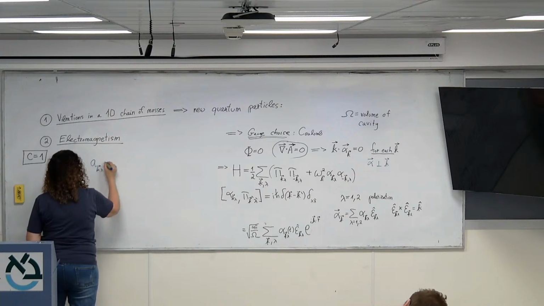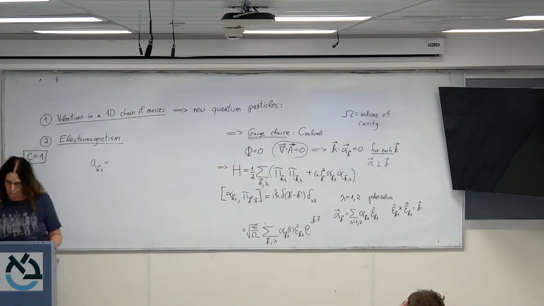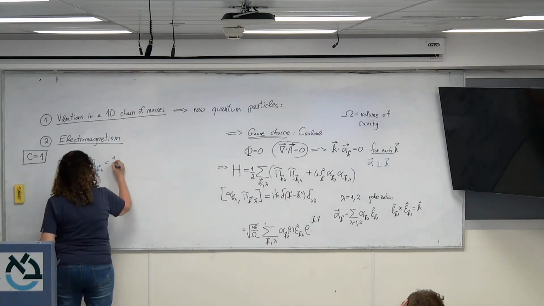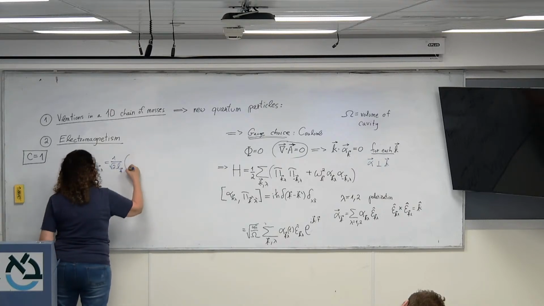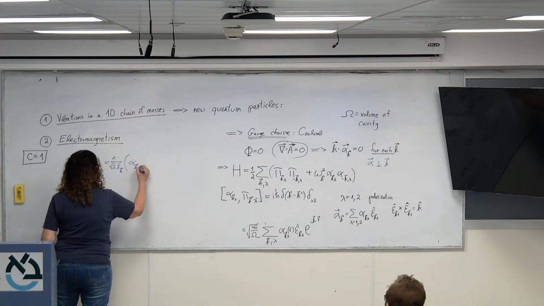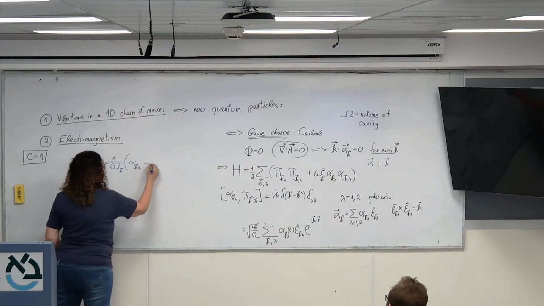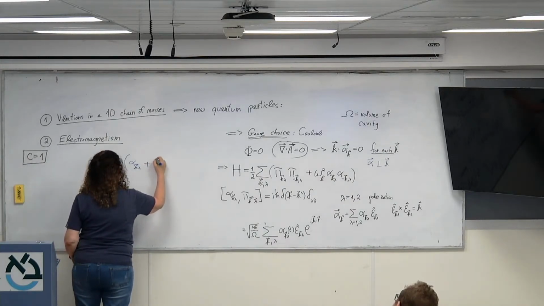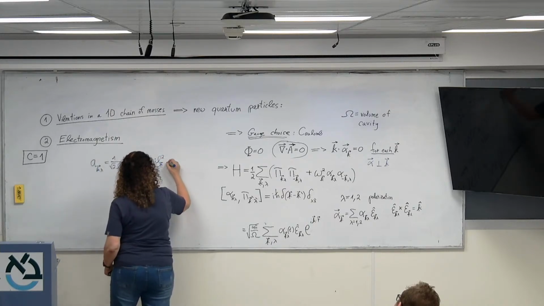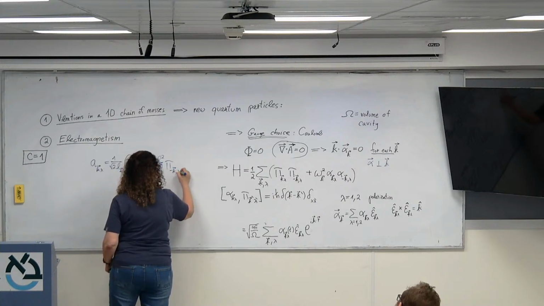A k lambda is, just to make sure, 1 over square root of 2 L of k times alpha k lambda plus i L k square over h bar pi of minus k and lambda.